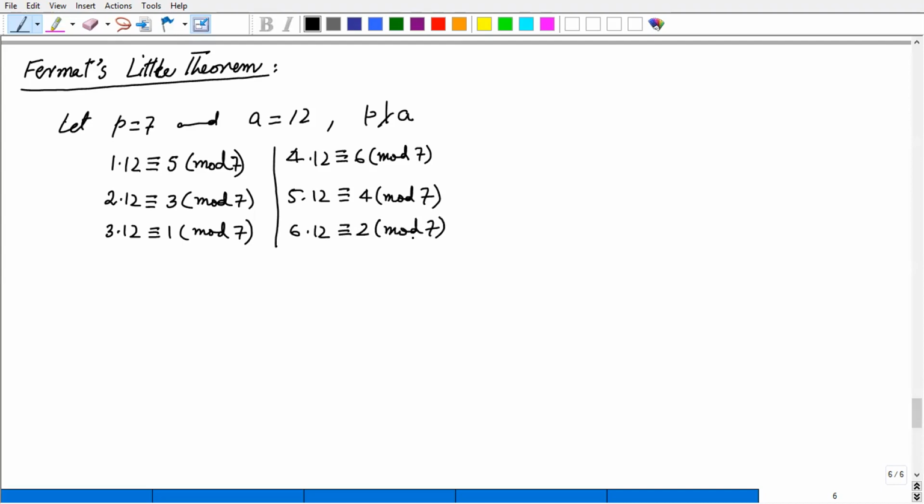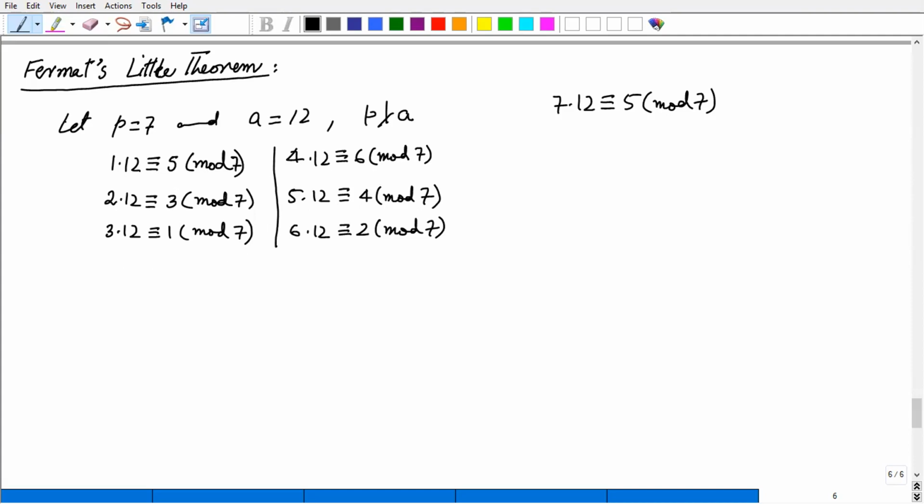And when we increase the number, for example 7 times 12, it again gives you 5 modulo 7, which is the same as 1 times 12. And 8 times 12 will give you the same number as 2 times 12, which is 3. So we will have only 6 numbers from 1 to 6.